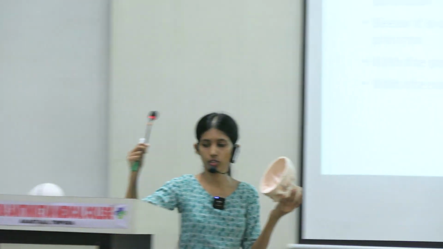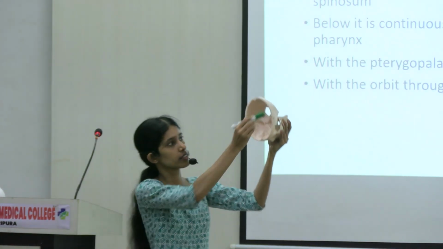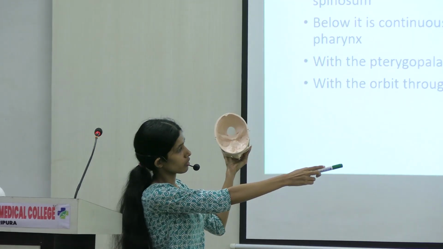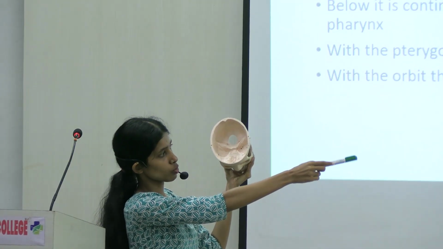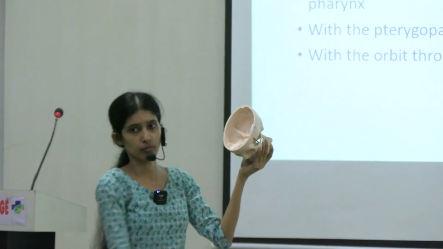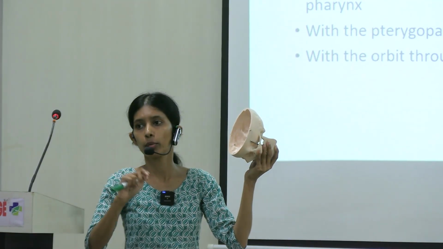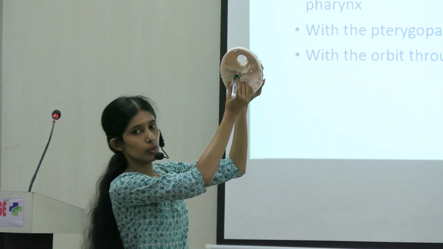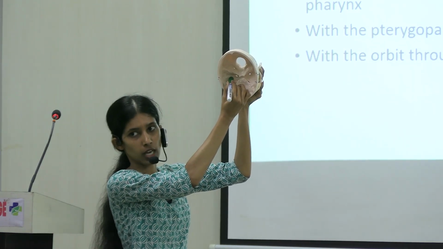So now in this structure, as I have already mentioned, this is the middle cranial fossa. Your infratemporal fossa is superiorly communicating with the middle cranial fossa through two important foramen. If you see here, there are two small hole-like structures.